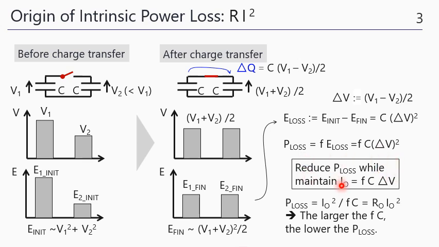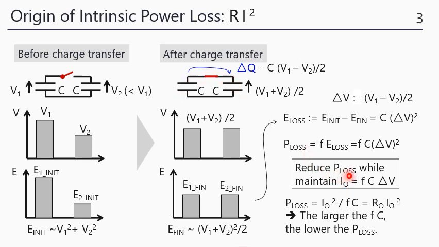And we want to reduce the power loss as much as possible, while we need to maintain the output current of this value, because this C delta V times F, which is delta Q times F, indicates the average current from the left to the right capacitors.